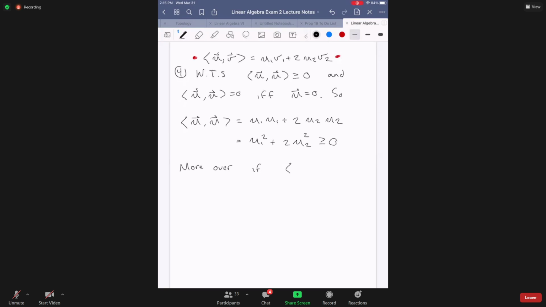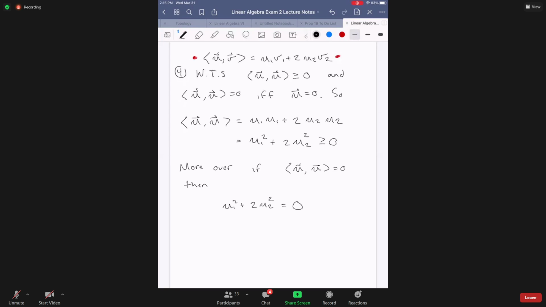if U is equal to 0, then U1 squared plus 2U2 squared is equal to 0, right? So what is the only way that this thing is going to be 0?